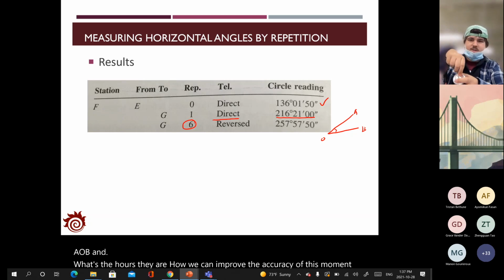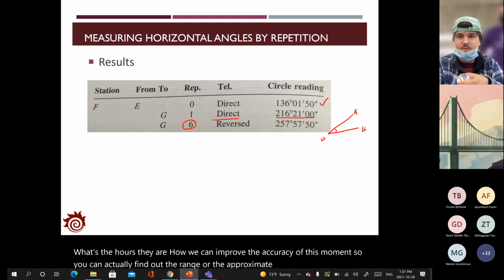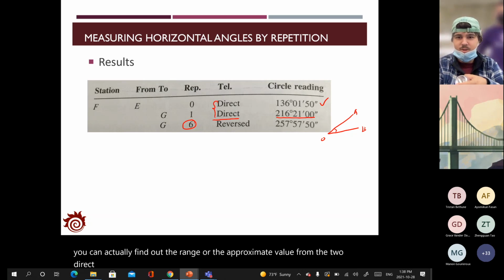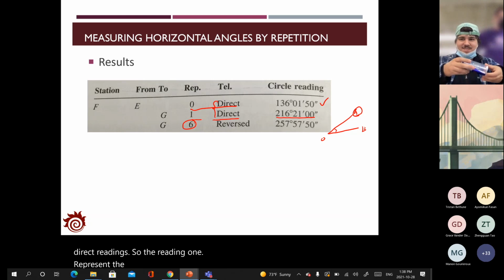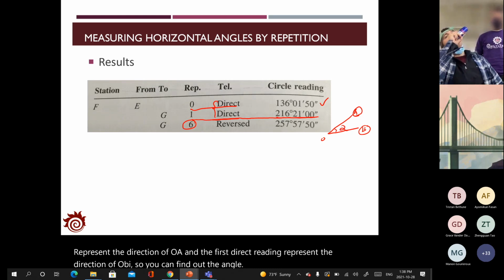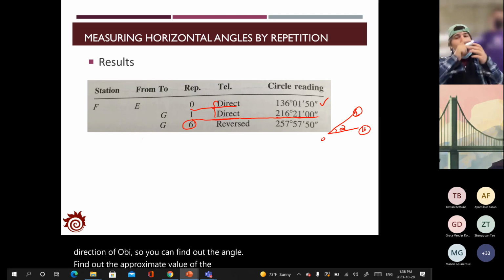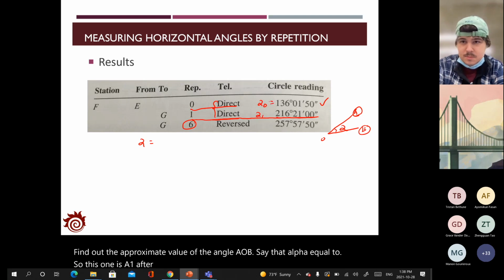So you can find the approximate value from the two direct readings. Reading 1 represents the direction of OA, and the first direct reading represents the direction of OB. So you can find the approximate value of the angle AOB, say this one is alpha 0, this is alpha 1.